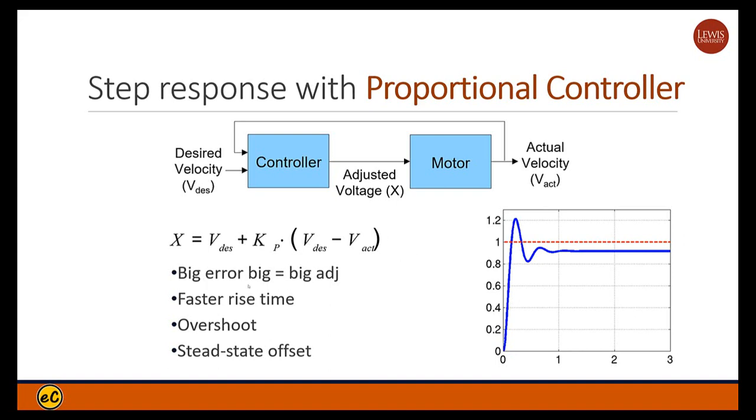So there's a big error, and it may have an overshoot. It's faster in rise time because K is an amplifier, so you move faster. But you may overshoot. The overshoot is no good, and the gap is no good.